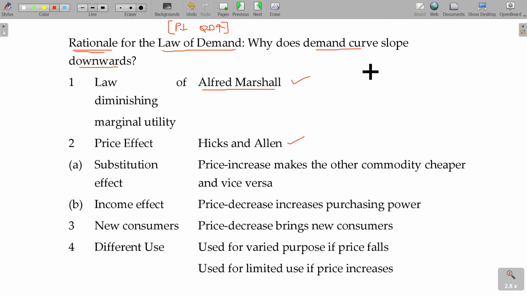The shopkeeper says that per apple costs rupees 50. You are so hungry, you need to have some food immediately. Now you are willing to purchase the apple. So you purchase the first apple. This is the price. After paying this 50, you purchase the apple and consume.